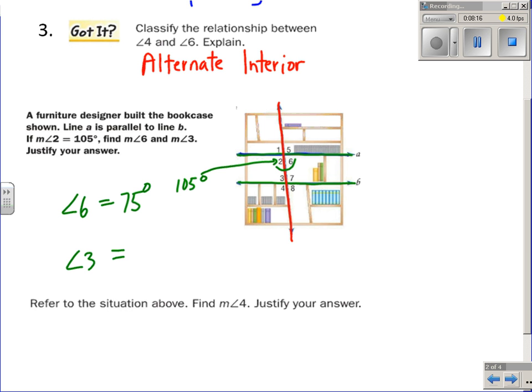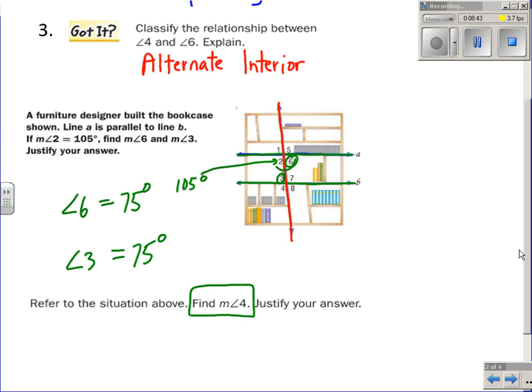And then if we had to find angle 3, angle 3 is an alternate interior angle to angle 6, which means that they are equal, 6 and 3, so angle 3 is 75 degrees as well. Go ahead and refer to those lines and find the measurement of angle 4, and we'll check in with you tomorrow to see how you did with that one.